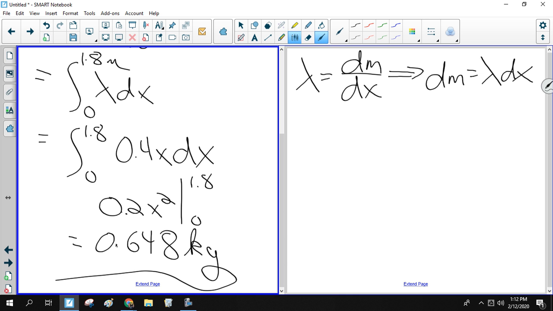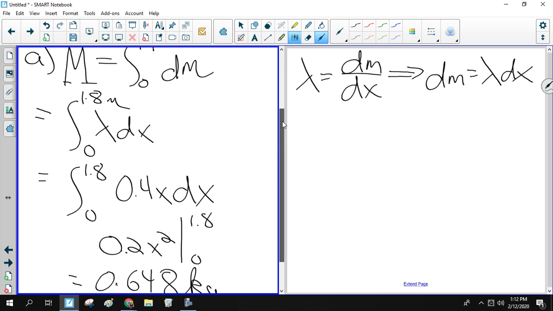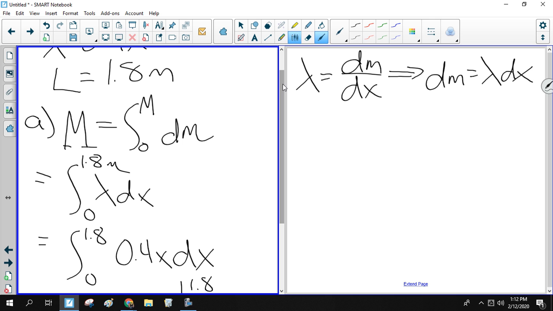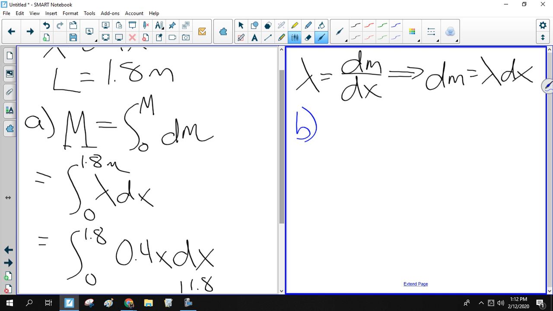Questions? All right. Part B wants to know where is the center of mass. So the position of the center of mass is the integral from 0 to M, not of dm, but of x dm.